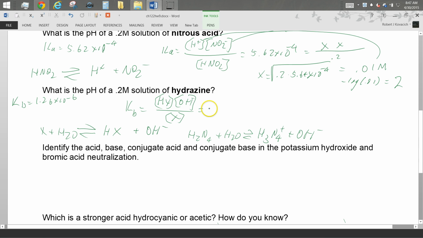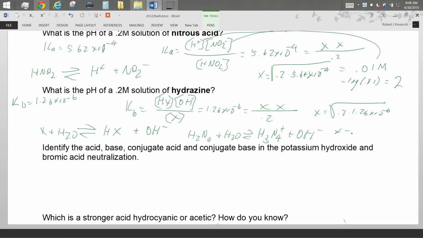So what I know is this is 1.26 times 10 to the negative sixth. I know this is 0.2. I know that's X and X. So what I got is X is equal to the square root of 0.2 times 1.26 times 10 to the negative sixth. And let's get an X out of this. 0.0005.